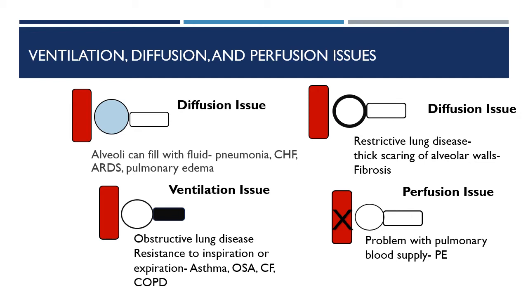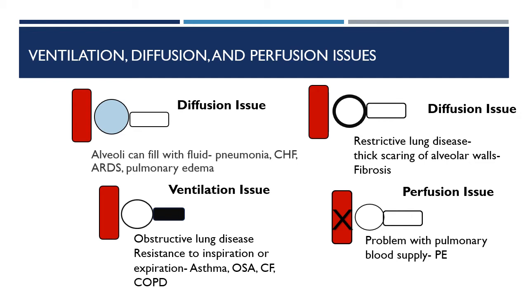So you're losing alveolar surface area. Okay, so whether it's emphysema or pulmonary fibrosis, you're losing alveolar surface area, which is going to reduce diffusion ability. Okay, so both of those are examples of diffusion issues.